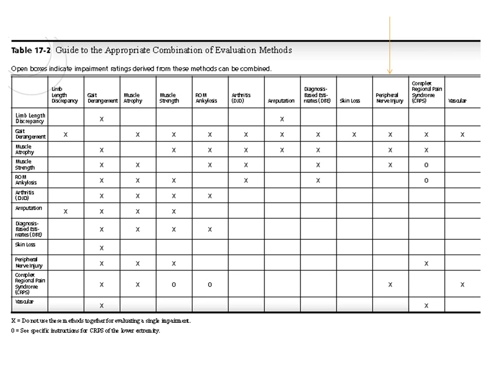We're also allowed to combine impairments due to post-traumatic arthritis, due to amputation. We're allowed to combine with any of the diagnosis-based estimates. We're allowed to combine with any permanent impairments due to skin loss.